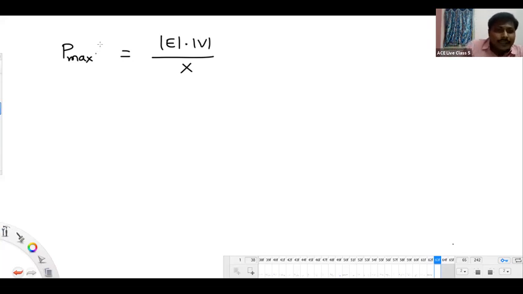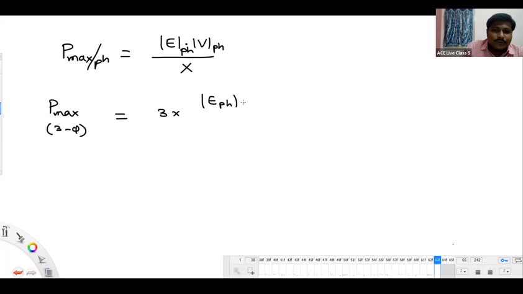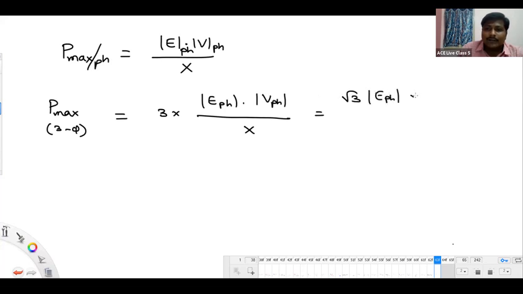If you feel this is per phase value, then it will be E phase, V phase we have to consider. What do you mean by three phase P maximum? It is 3 into E phase magnitude into V phase magnitude by X. That is nothing but root 3 times E phase, again root 3 times V phase, by X value. X value remains per phase value.